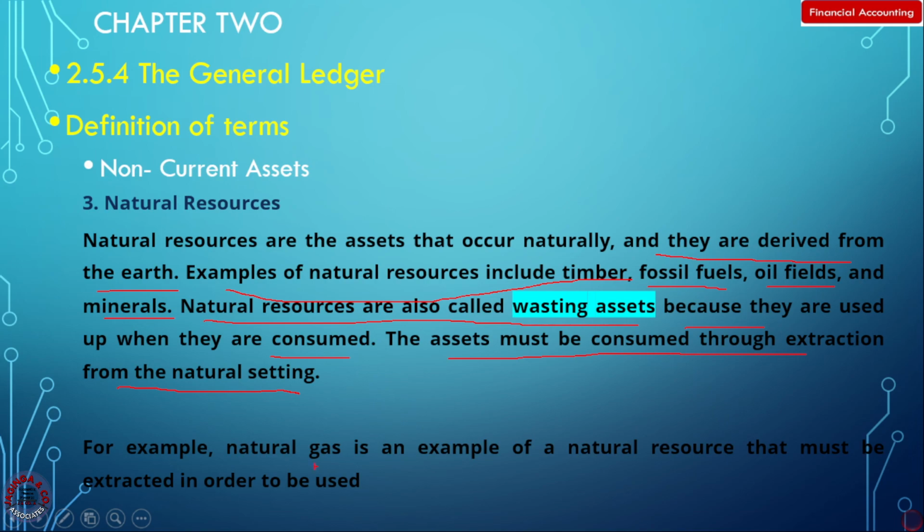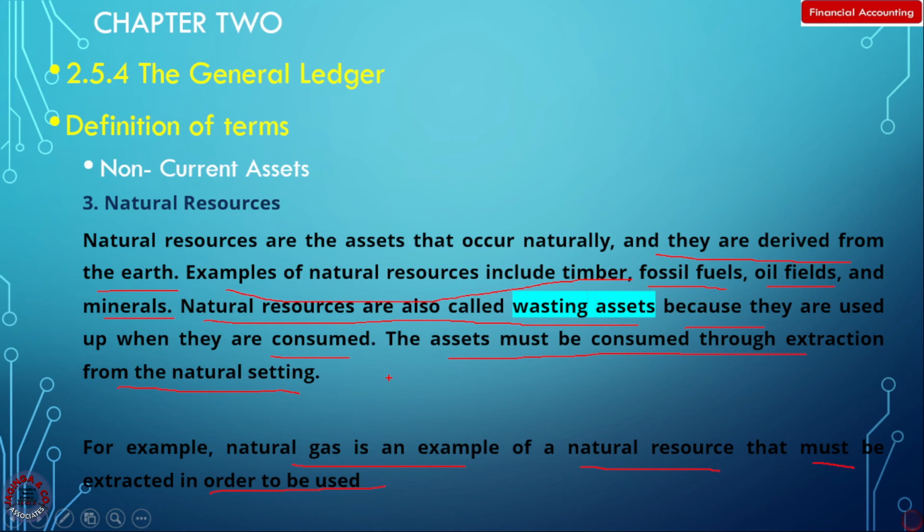For example, natural gas is an example of a natural resource that must be extracted in order to be used. So natural resources you must extract in order for you to use them. So that's all the explanation about natural resources, and we've explained in detail about the non-current assets.